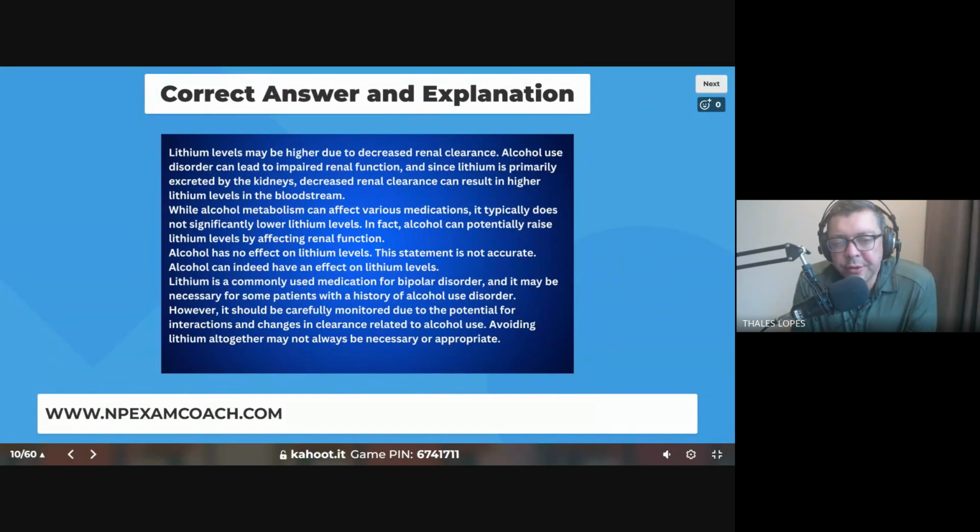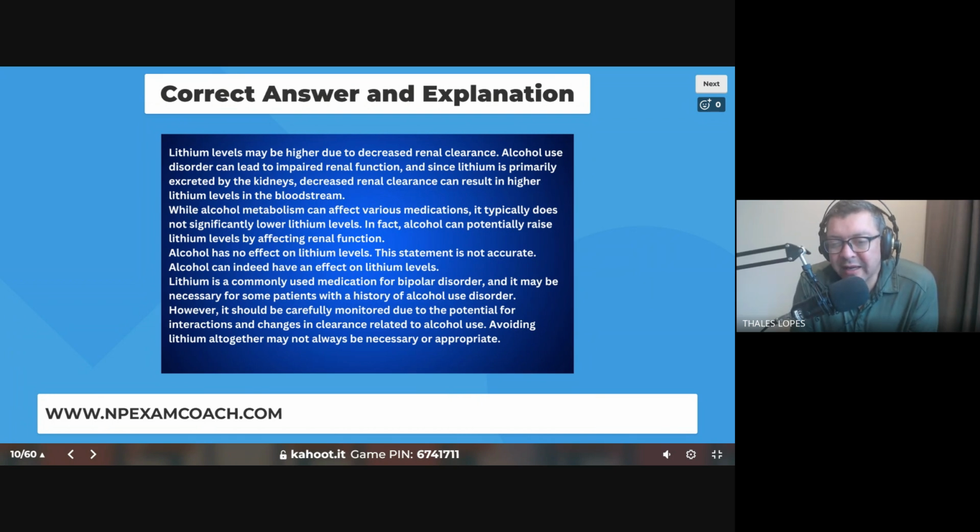So alcohol use can lead to impaired renal function, since lithium is primarily excreted by the kidney. Decreased renal function can result in higher lithium levels in the bloodstream. While alcohol metabolism can cause various effects on medication, it typically does not lower lithium level.